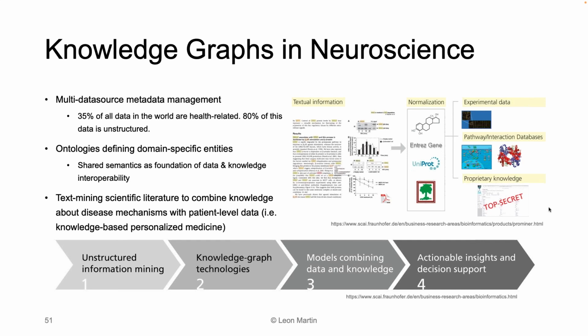We can also use, on the other hand, text mining of scientific literature to combine this knowledge of data with already published metadata descriptions of datasets that are not published. And so we can extract disease mechanisms and combine them with your patient level data, for example, for knowledge-based personalized medicine.